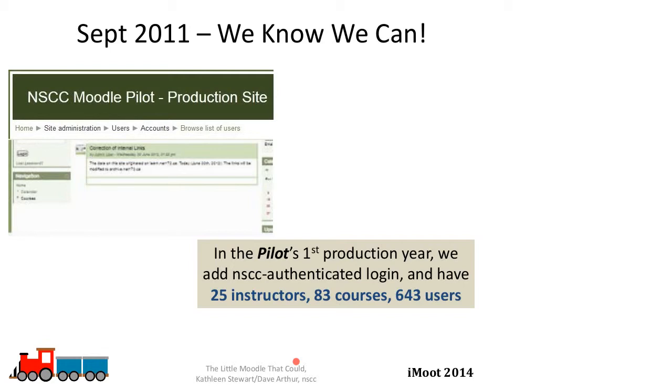So that first year that we were in operation, we had 25 instructors using the system. They had 83 courses running, and we had 643 users. So if you go back a few slides to the first system that I had, 2 instructors, 11 courses, 50 users, and now 3 years later it's 25 instructors, 83 courses, and 643 users.